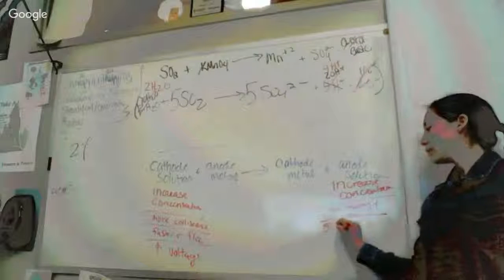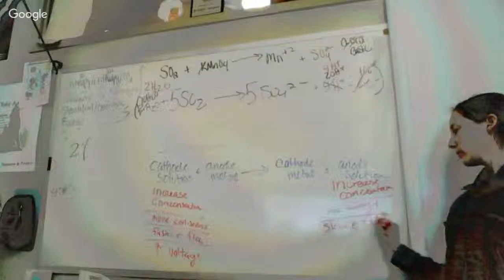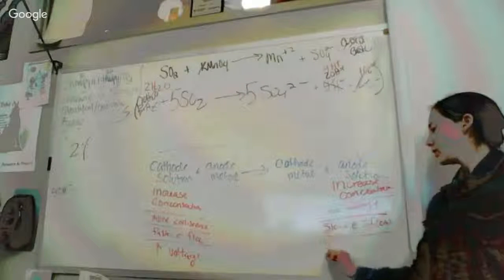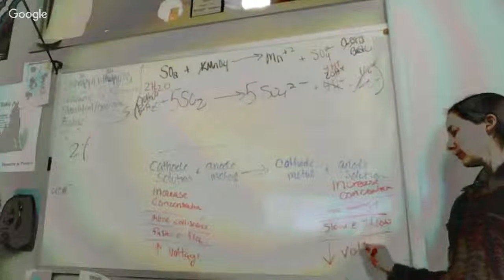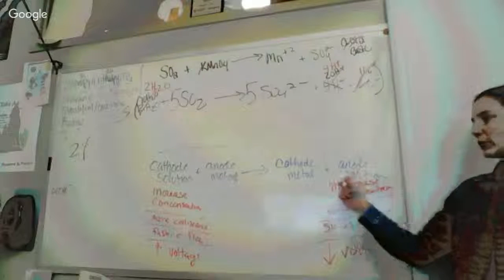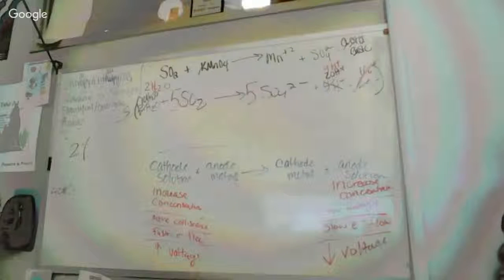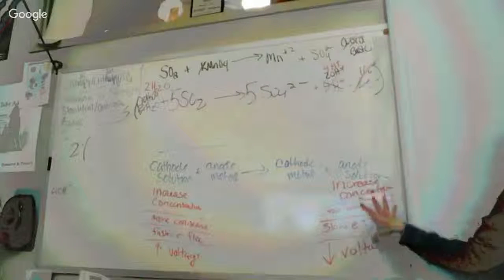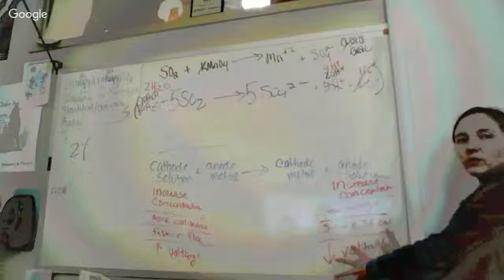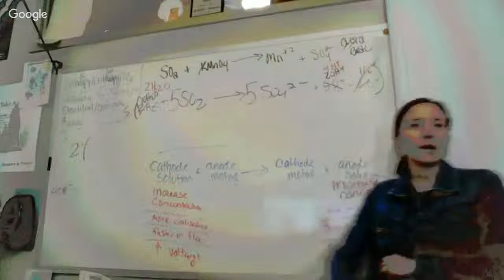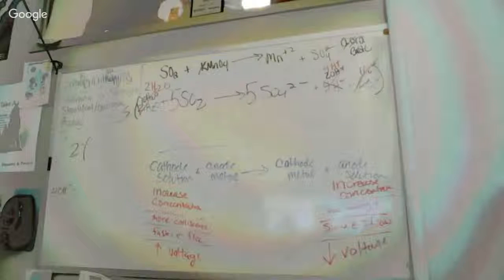So it slows your electron flow, decreasing your voltage. So remember, it's the ratio between your two solutions. Yeah. So this would be the instance when this one's higher. This would be if this one's higher. They can't both be higher.